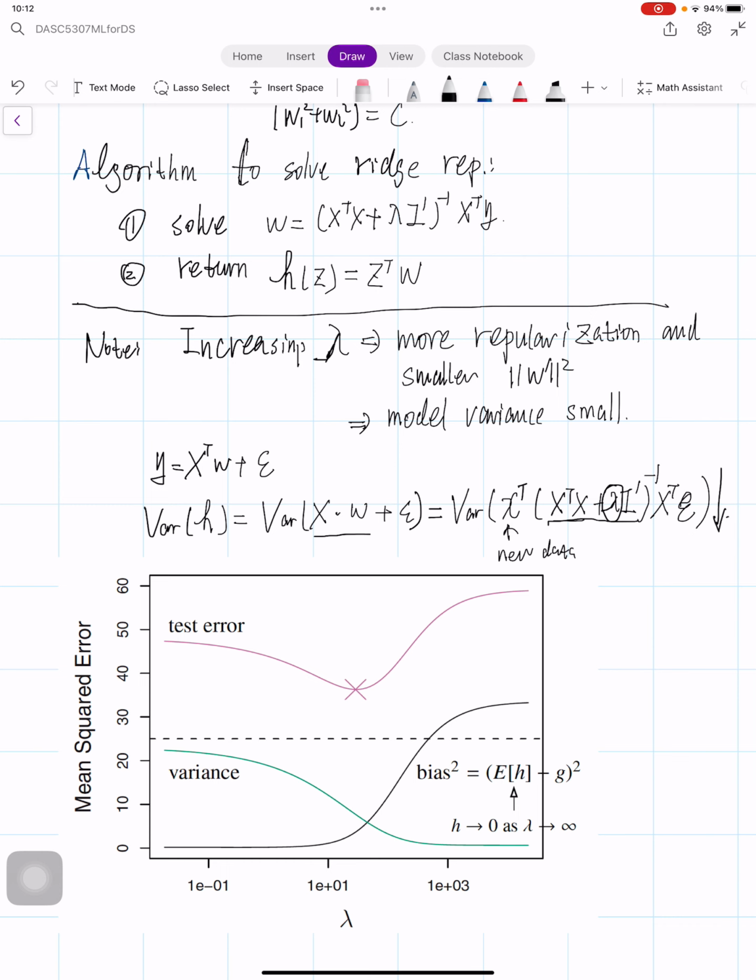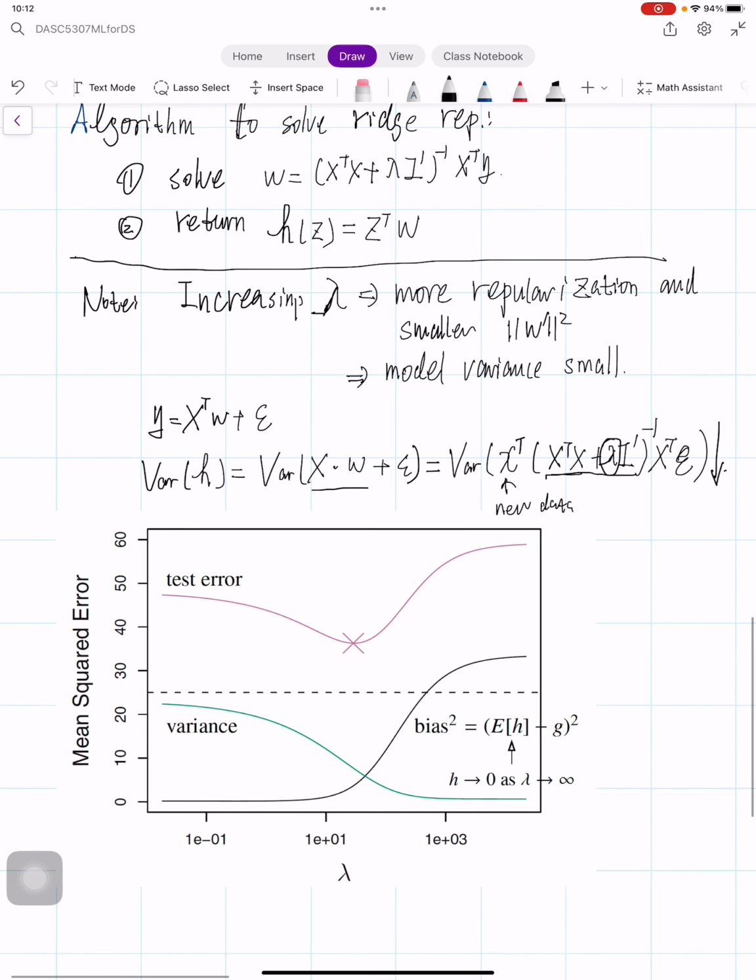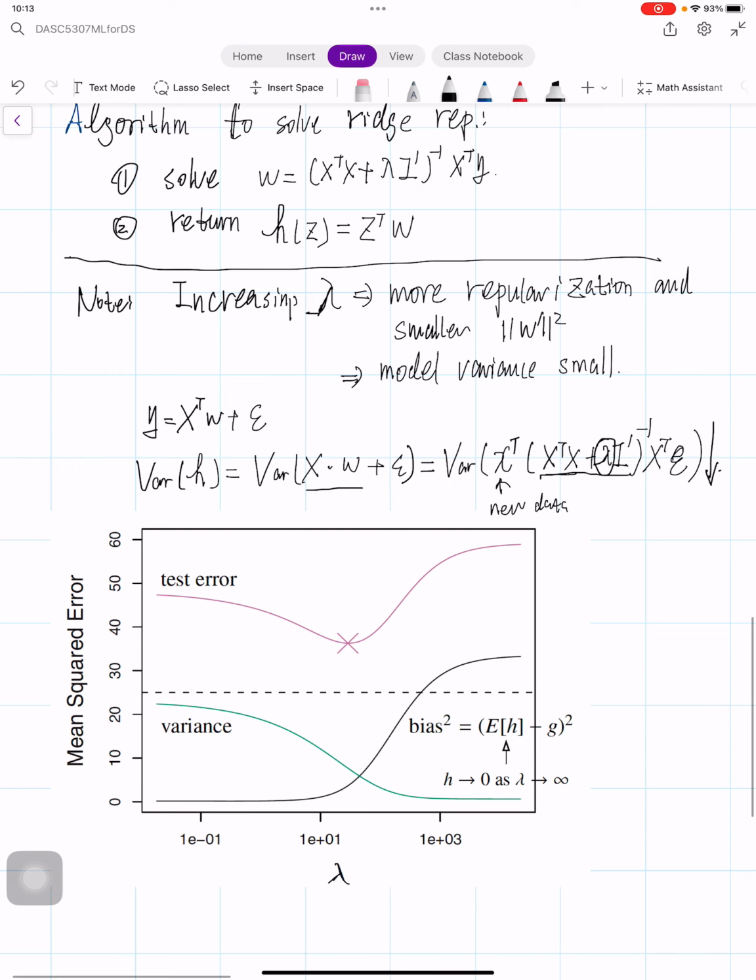So here is one example. If we change our hyperparameter lambda in ridge regression, what's the variance going to do? If you increase lambda, the model variance will decrease. But we know the testing error is a summation of the variance plus the bias squared plus the irreducible error, and the irreducible error we cannot change.